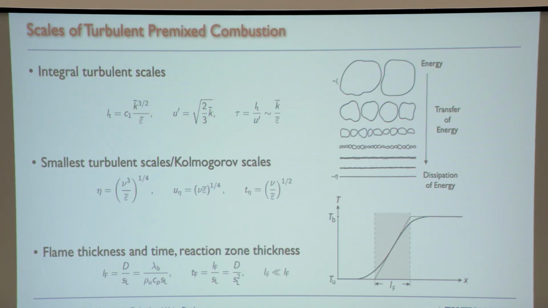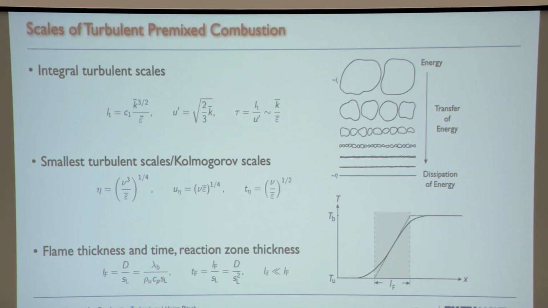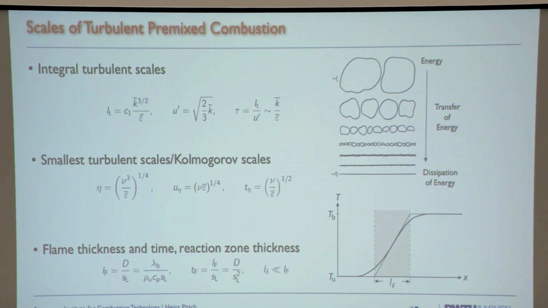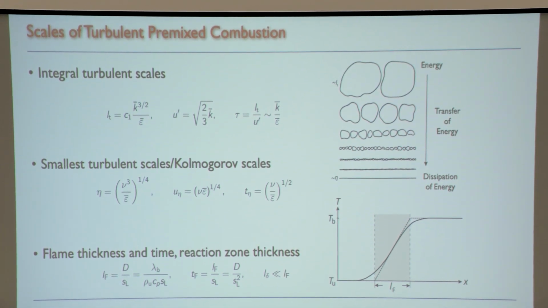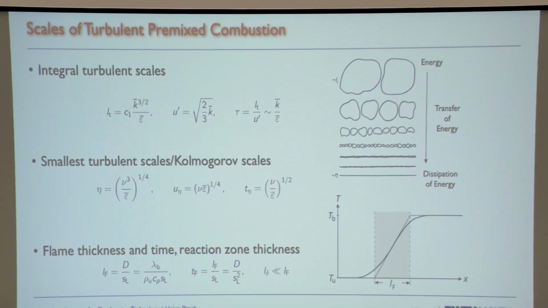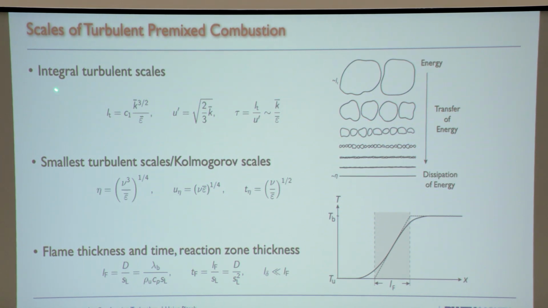But in order to compare the scales of the turbulence and the flame, we're summarizing the scales that we have already defined. So you have the large scales of the turbulence, and the large scales obviously are the large eddies, those that create flame surface.